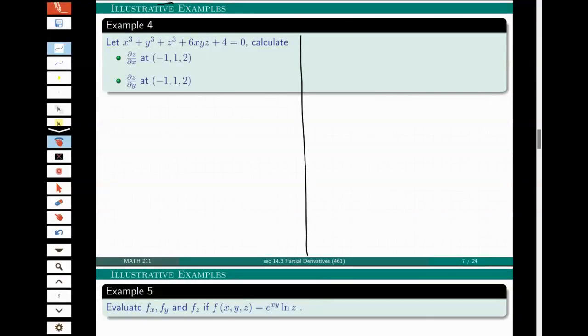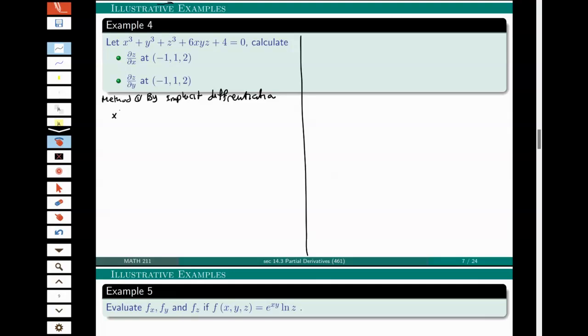Now, if I want to have partial z with respect to y, again we have two methods. Method 1, by implicit differentiation, which means I have to deal with the derivative of z times z sub y.